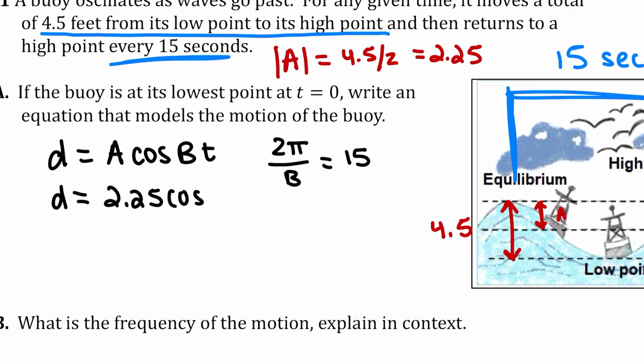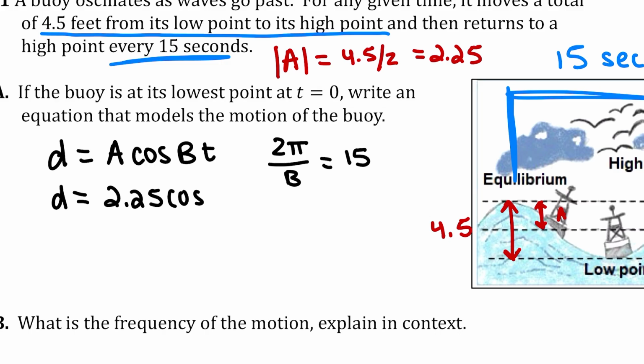Just give me a second. In order to solve for B, we're going to get 2 pi over 15. Is there a way I can simplify that? Not really, actually. It just turns into a decimal.